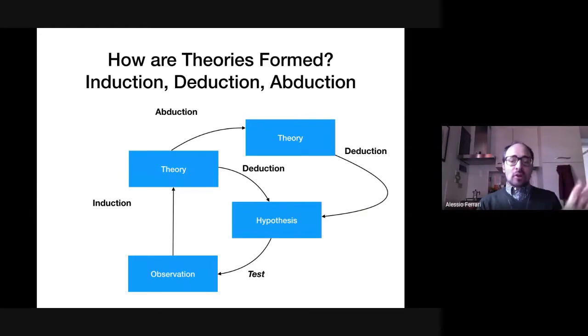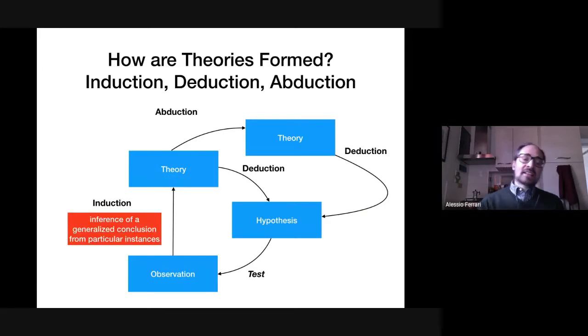So this is for the elements. Then we want to understand how theories are formed. There are several strategies for forming theories, and you will see that the methods that we will study apply one or more of these strategies. So the first strategy is induction.